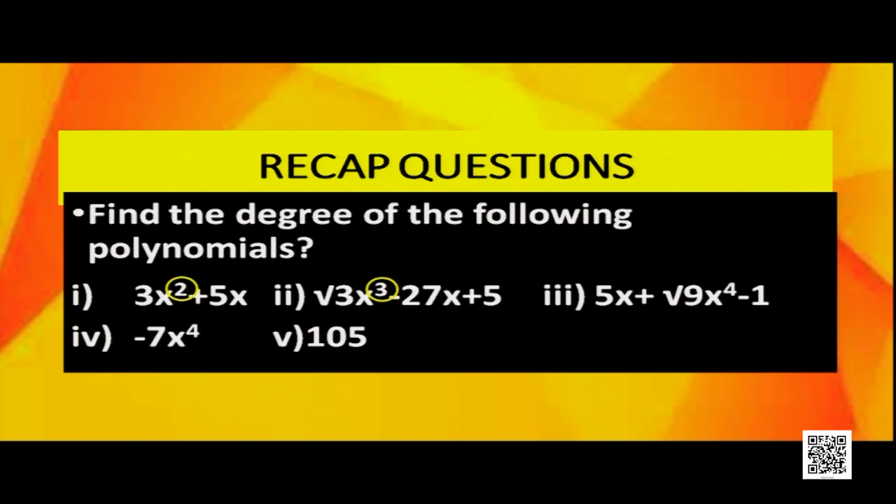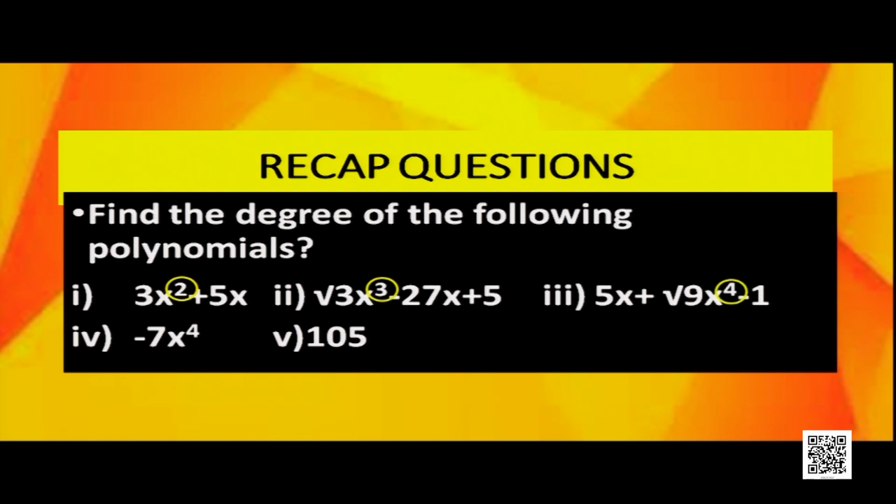In question number 3, 5x plus root 9 x to the power 4 minus 1. In the first term, the exponent of x is 1. In the second term, the exponent of x is 4. And in the third one, the exponent of x is 0 as it is a constant. So the highest exponent is 4, and the degree of this polynomial is 4.